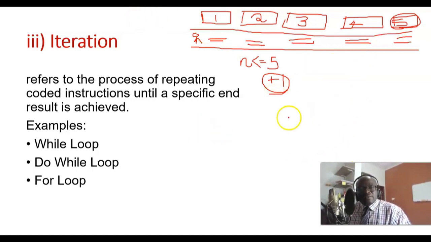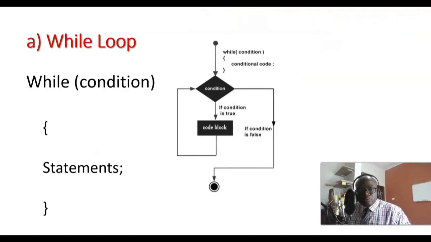Now there are 3 ways to write looping constructs. You can use what is known as the while loop, the do while loop, or the for loop. Let us see how we can write the while loop. The while loop has this syntax; this is the way you write it.